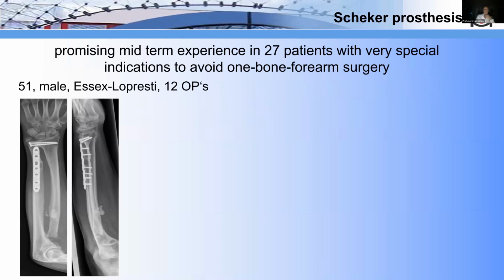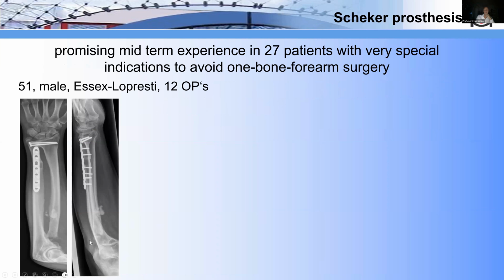We do have promising midterm experience in 27 patients, but all of them had a very special indication, and we performed the Scheker prosthesis to avoid one bone forearm as a revision of revision procedures.